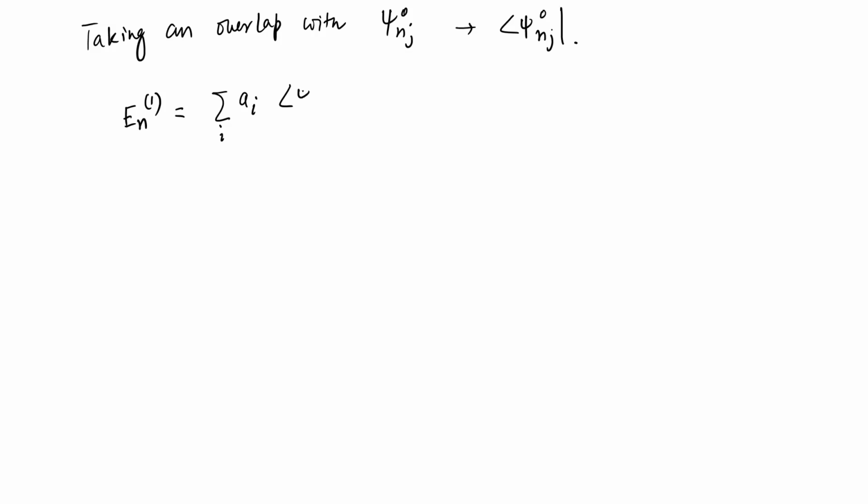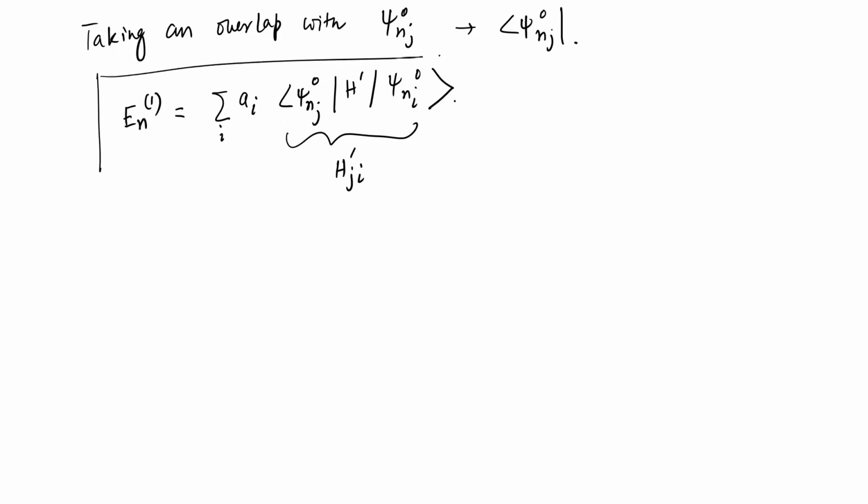So this is like ψ_n^j(0) H' ψ_n^i(0) and so on, and this can be called the matrix element H'_ji between the eigenstates of the unperturbed Hamiltonian, and this is the energy correction, and that is exactly what you need. Okay. So this is the energy correction.